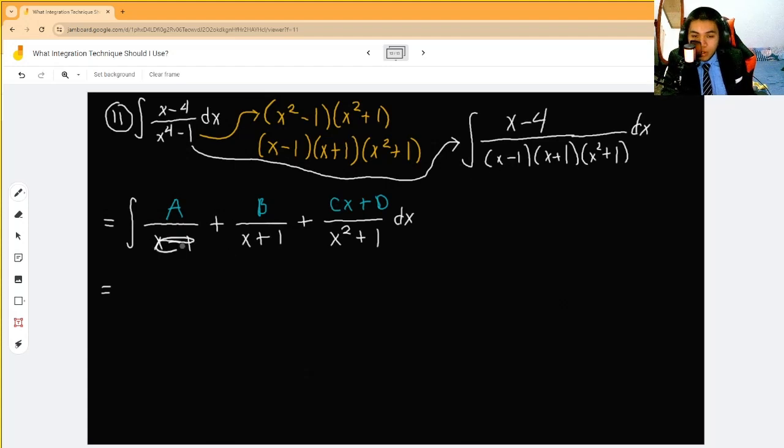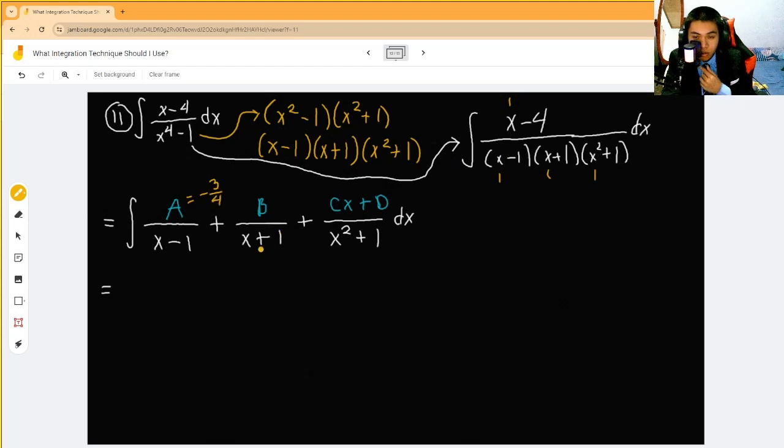Now you cover this up and you think what makes it undefined. It would be 1. So we plug in 1 for all of this to compute for a. 1 minus 1 is 0. 1 plus 1 is 2. 1 squared is 1 plus 1 is 2. 2 times 2 would be 4. 1 minus 4 is negative 3. So our a would be negative 3 over 4.